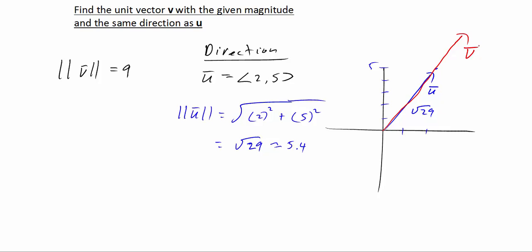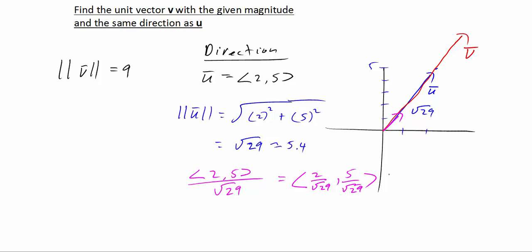Well, in order to change the magnitude, we first want to find our unit vector. We can do that by finding the unit vector with u, and that means we're going to take 2, 5, and simply divide it by the square root of 29, and we would end up with 2 over the square root of 29 and 5 over the square root of 29.